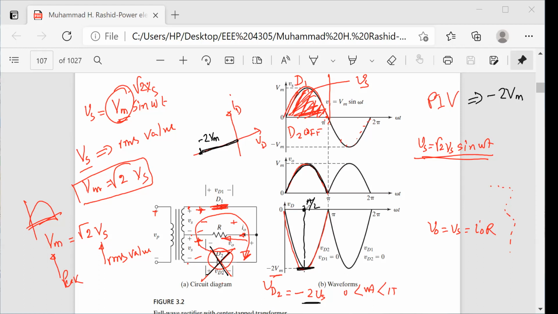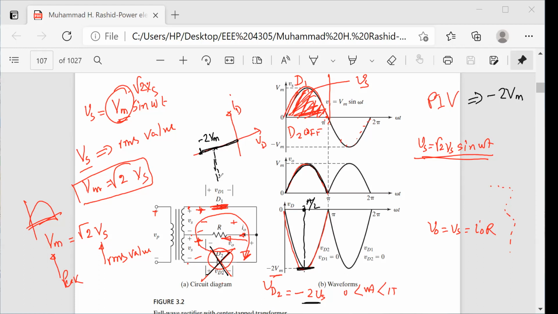Now, if your breakdown voltage is here, then what will happen? It will conduct. When a diode is off, or reverse biased, ideally we don't want it to break down.